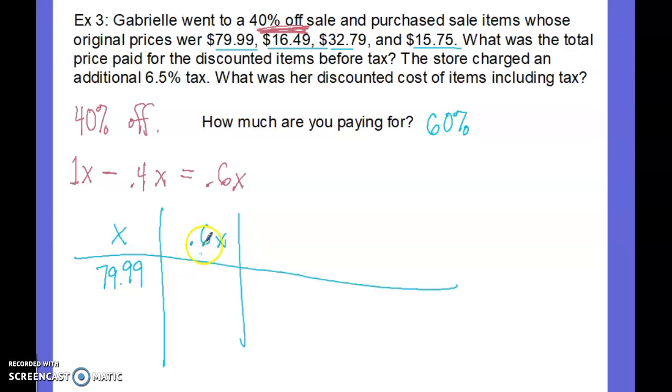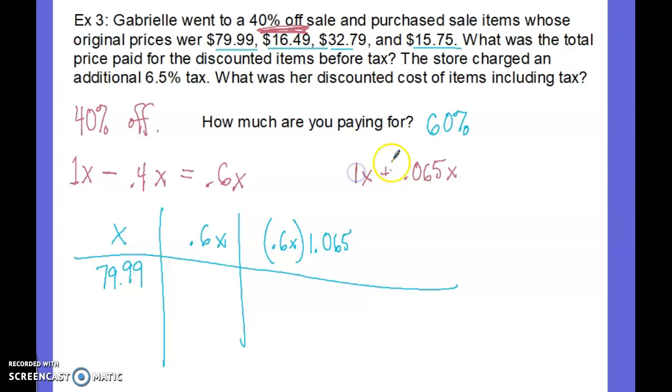And then what you're going to do is take that value, that 0.6x, and multiply it by the tax, which I'm going to explain the same way. If you're paying 6.5% tax, you're paying times 1.065, because traditionally you may have learned to multiply that value and then add it to the original.